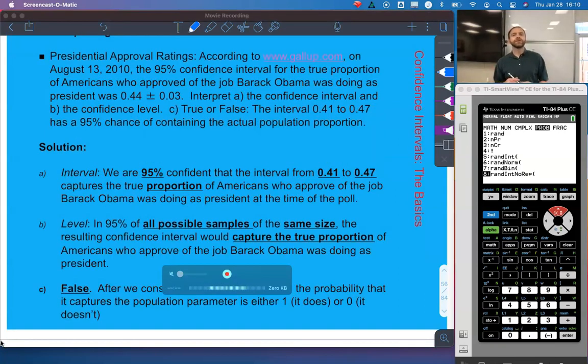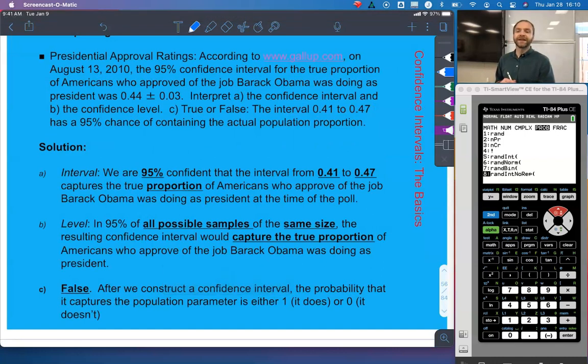Part A says to interpret the confidence interval. So part A, when it says here 95% confidence for our interval, we are 95% confident the interval from 0.41, because I subtract my margin of error, to 0.47 captures the true proportion, the population proportion of Americans who approve of the job President Barack Obama was doing as president at the time of the poll.